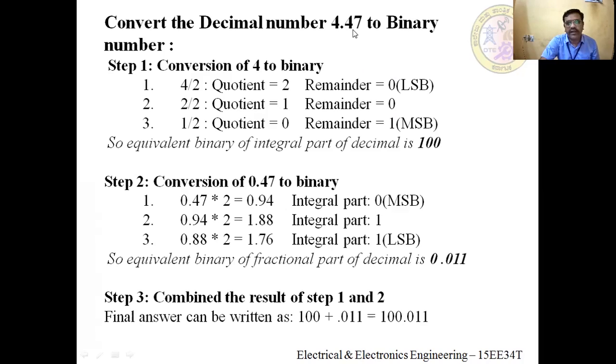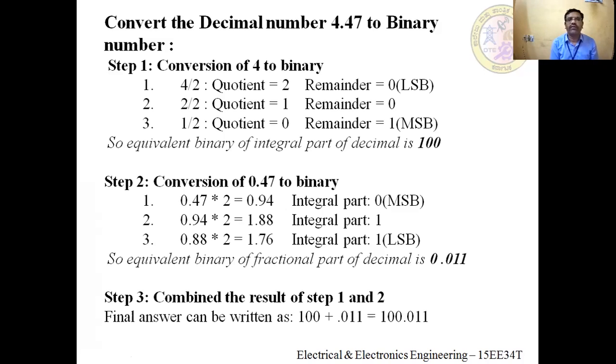This 4.47 contains two parts. 4 is the integer part, 0.47 is the fractional part. So here we'll go for two processes. First process, converting the integer part, and second, converting the fractional part to binary.